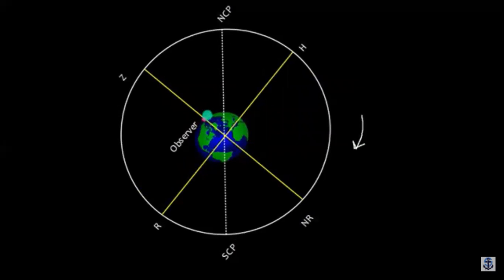So if you have an observer here, the point above the observer is the zenith and 180 degrees away is the nadir. So zenith and nadir are 180 degrees apart, and we have a great circle, the rational horizon, passing through the center of the earth, and all the points are 90 degrees away from the zenith.